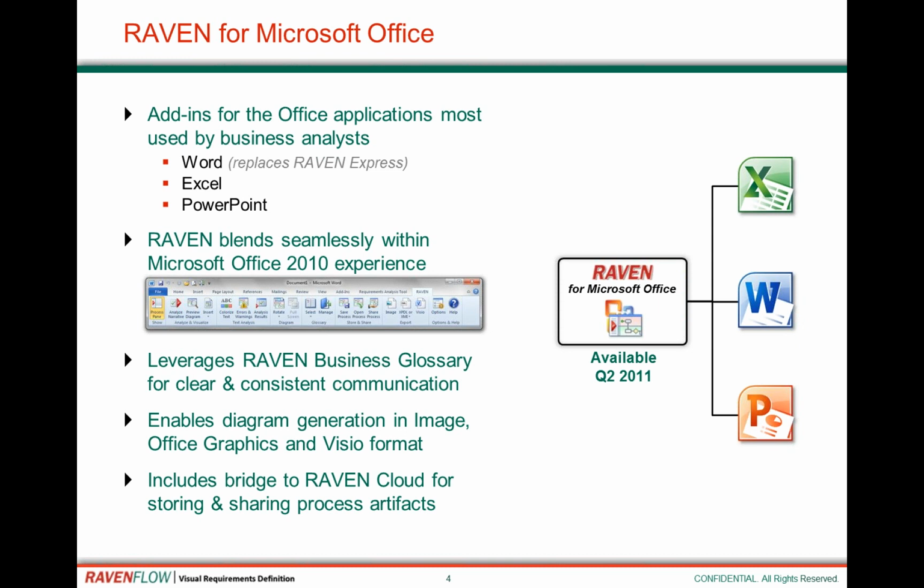I could log into my Raven Cloud account and see that exact same use case from the Raven Cloud interface, right? So you basically could have some of your users using Office to do this work, and others, which might only need to reference this on an occasional basis, could be Raven Cloud users accessing the same processes or use case models that you created from the Office product.